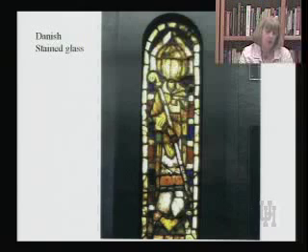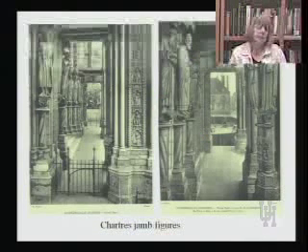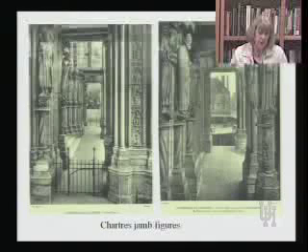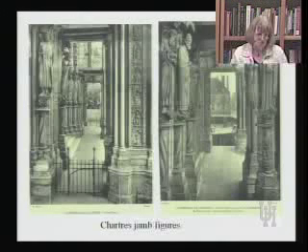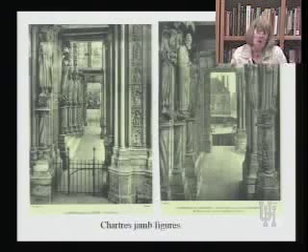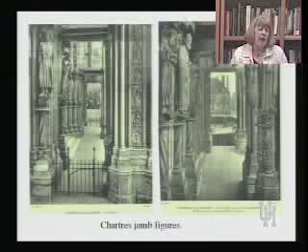Here's some more stained glass, so that this is an Old Testament prophet or a bishop. And in addition to the stained glass windows, if you approach the building as you go up to the doors, they're lined with what are called jamb figures, which are figures that can be kings from the Old Testament, or they can be modern kings, or they can be prophets from the Bible, and including women and men, and all figures from history.